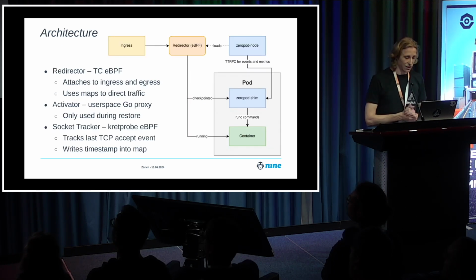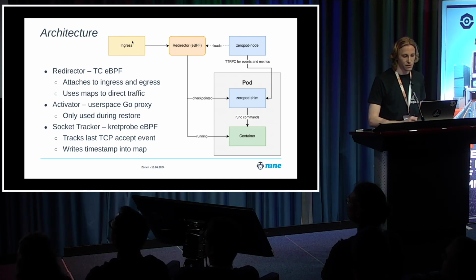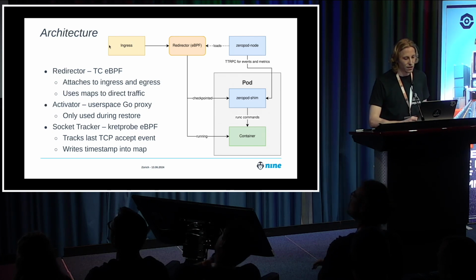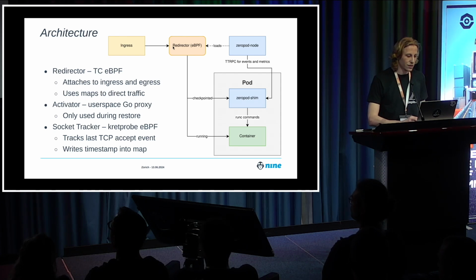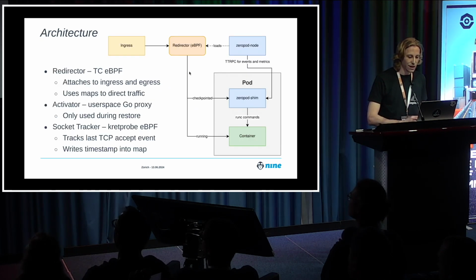So, architecture. Here in the upper left, we have any ingress. As I said, it could also be a port forward or a service type load balancer. It doesn't really matter. It's just traffic to the container. Then in the kernel, there's this redirector eBPF program loaded, and it makes a decision based on the state of the application.